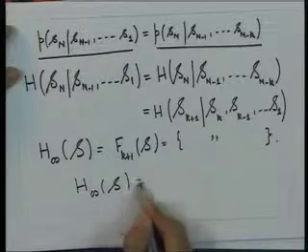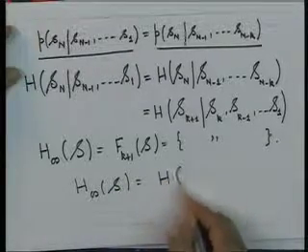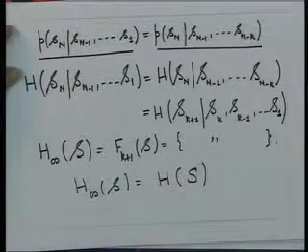For a zero memory source, k is equal to 0, and in that case H infinity(S) is nothing but H of S.